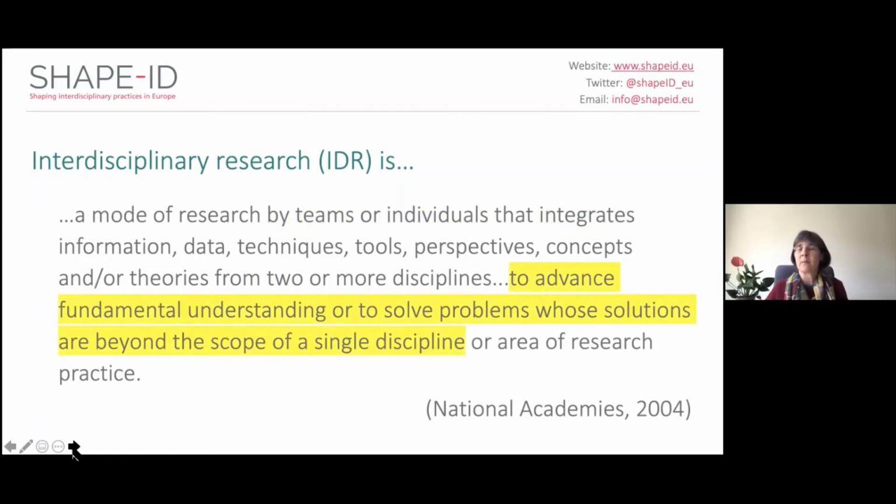It might be, as I said at the beginning, because we're challenged by various societal or global issues, or it may be that we're doing something that is more endogenous, more internal to the discipline, and that you're trying to help a discipline evolve in some way. So very different types of research, depending on what it is you're actually seeking to do with an interdisciplinary approach. And I think a lot of this really hinges on this word integrate, and it's one that I think we all struggle with. It's really been at the core of the Shape ID project.